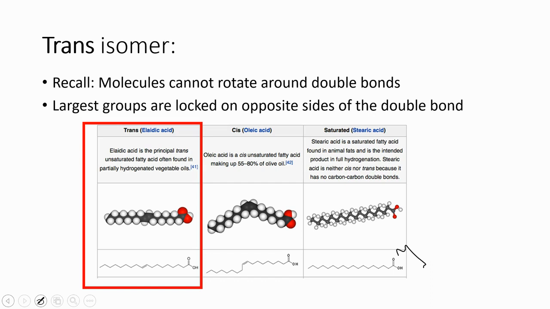So these different isomers have different physical properties. Our bodies react to them differently. So it's not just that they have a different geometry, they also have different physical properties. That's kind of interesting.